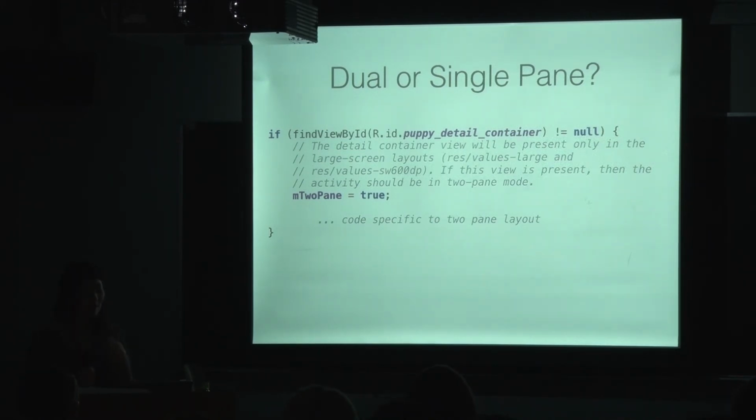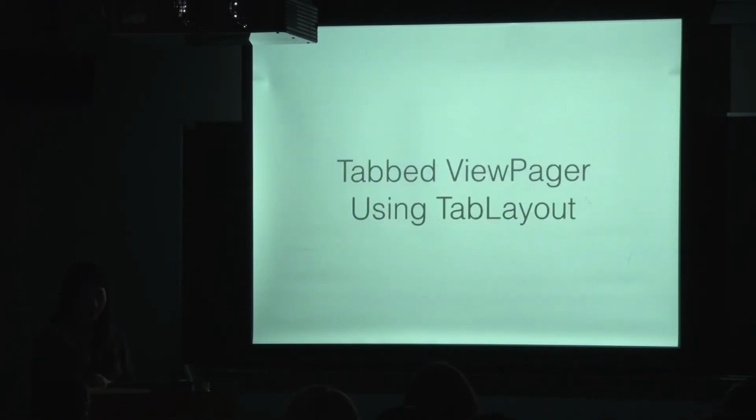If it's single pane, our detail container will be null. If it's two pane, then there will be something in it. If there's any code specific to the two pane, then we can just go ahead and execute that.